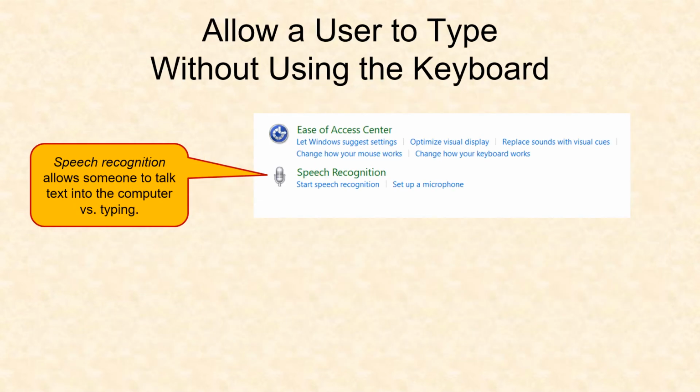The final option that we will consider in the Ease of Access Center is speech recognition. Speech recognition is a wonderful tool because it allows someone to type and to interface with the computer without having to use the keyboard or the mouse.